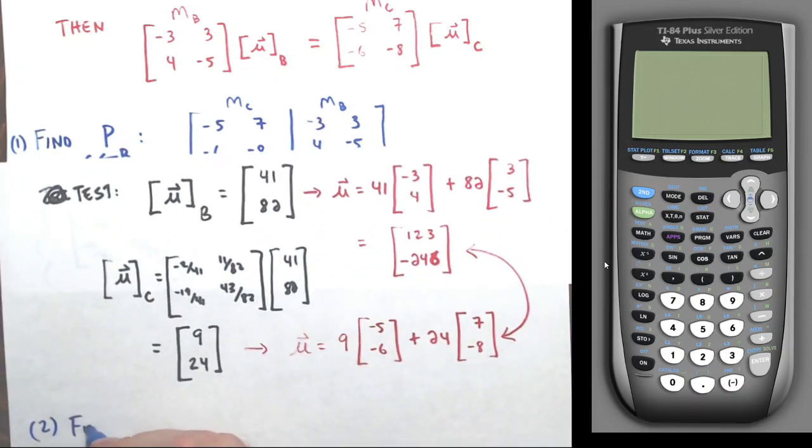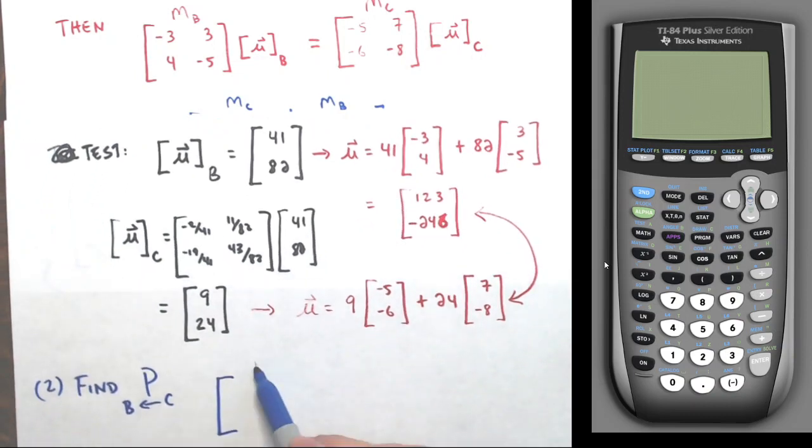Let's find the transition matrix from C to B this time. Again, I set up the augmented matrix with MB on the left and MC on the right.